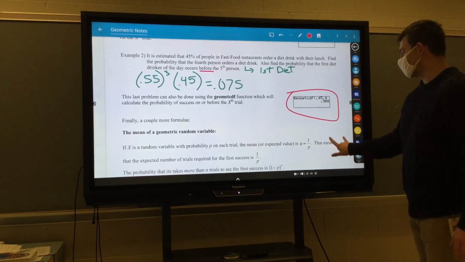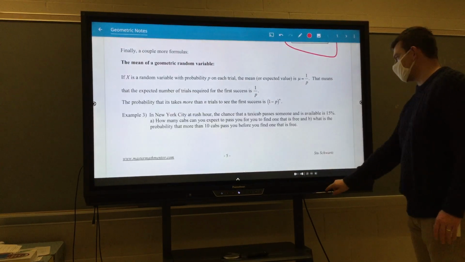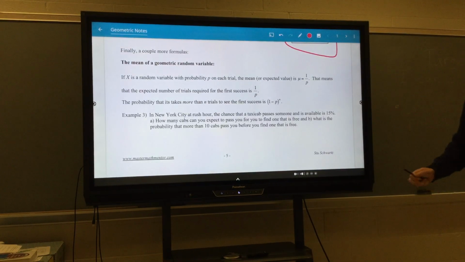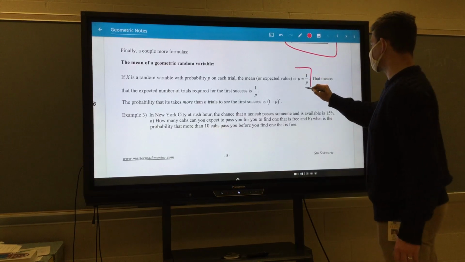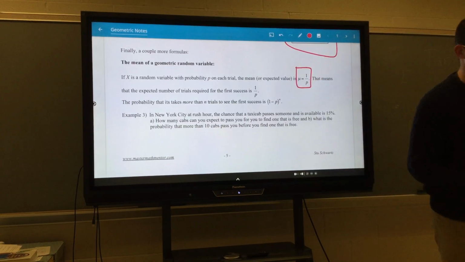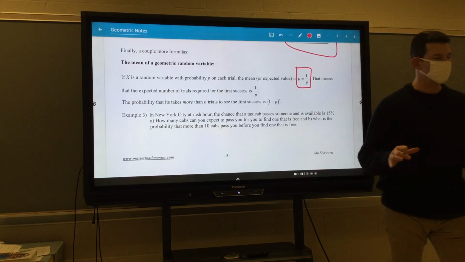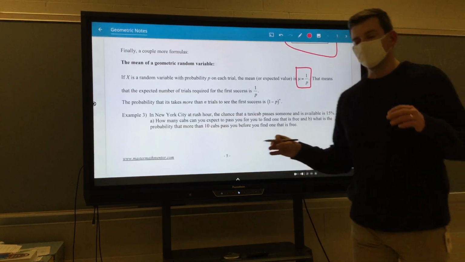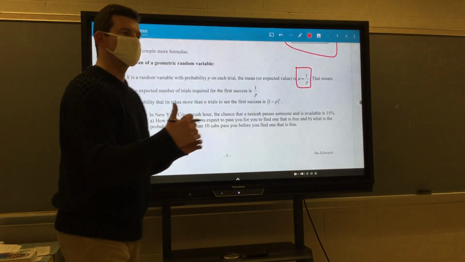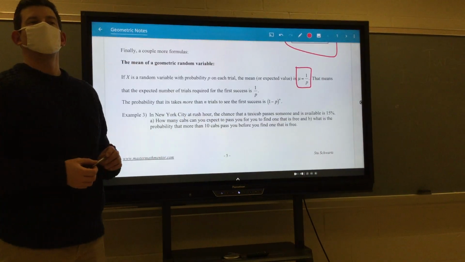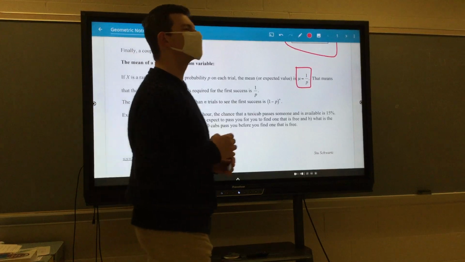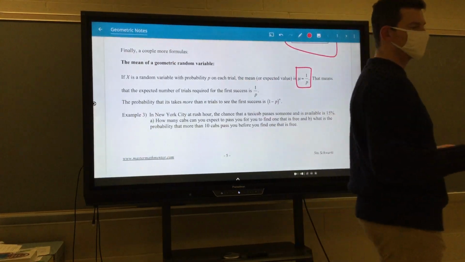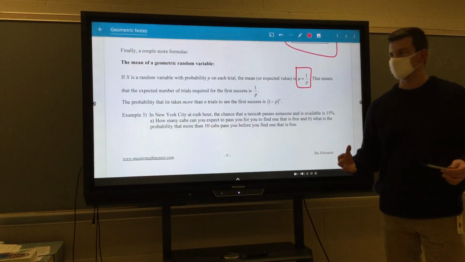So the mean for a geometric distribution is found by this equation right here. Just 1 over p, where p is that probability of success. Now, we've also referred to mean as expected value. This is when you would expect that first success to occur. It's the average.